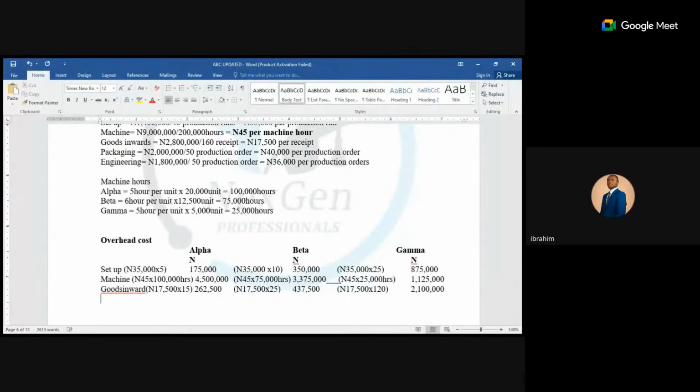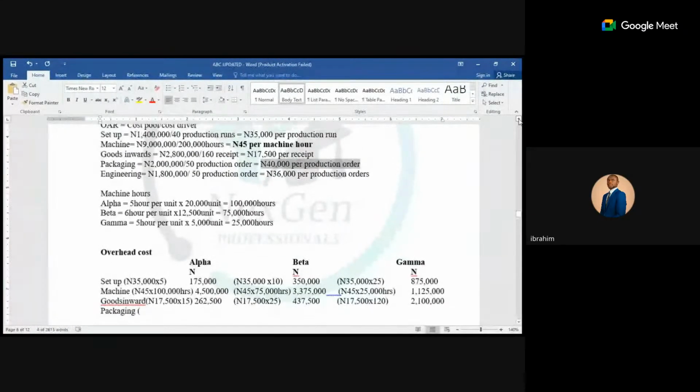Okay. So after the goods inward, we have packaging. What is the cost per packaging? Packaging is based on production order, class, based on the number of production orders. We will charge this cost, which is 40,000 naira per production order.